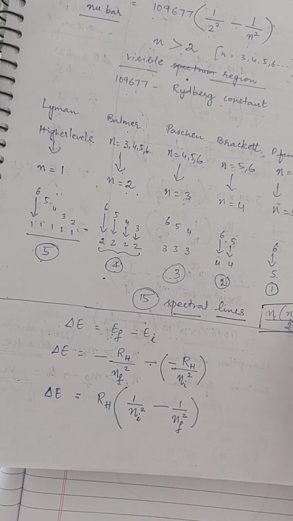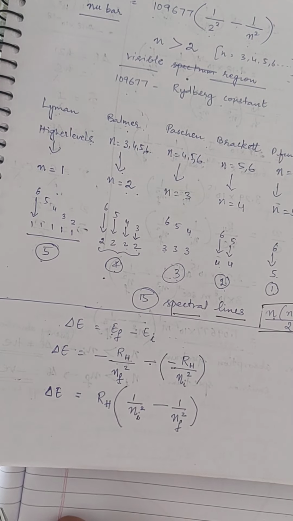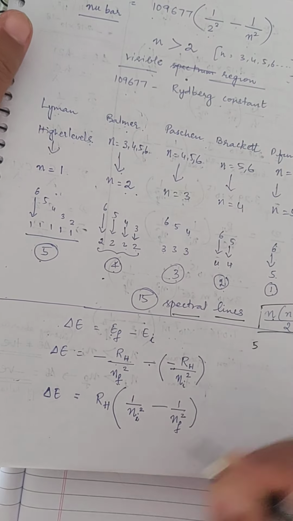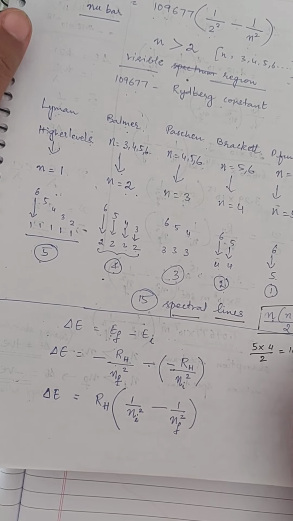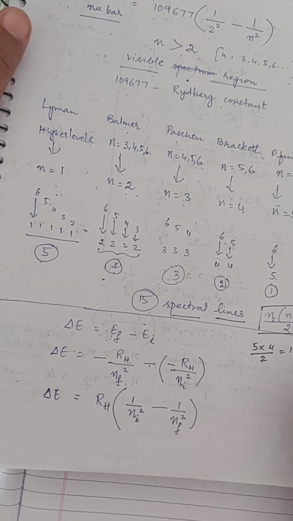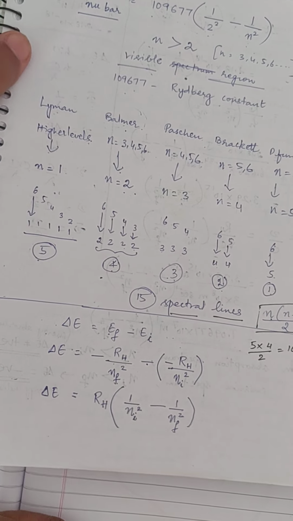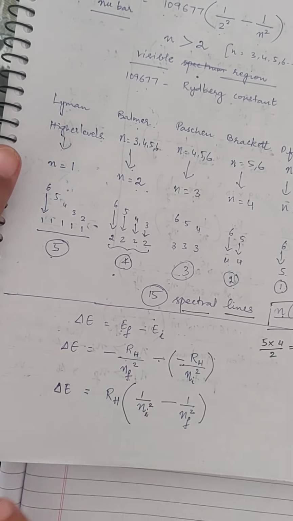So n minus 1 is 5. 6 into 5 upon 2 gives the number of spectral lines, that is 15. Supposing the highest level was 5, then 5 into 4 upon 2, so 10 spectral lines are possible. Like this you can calculate how many spectral lines are possible.